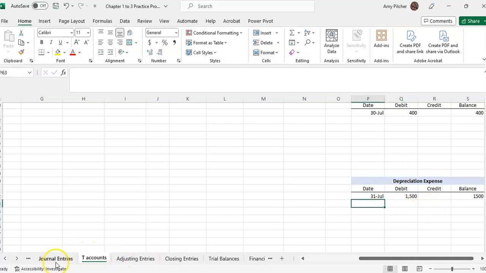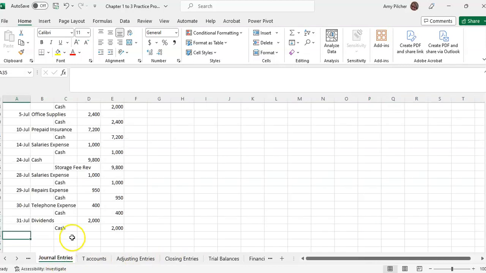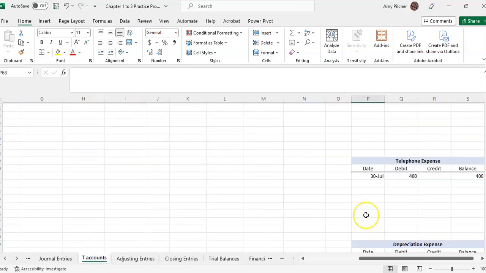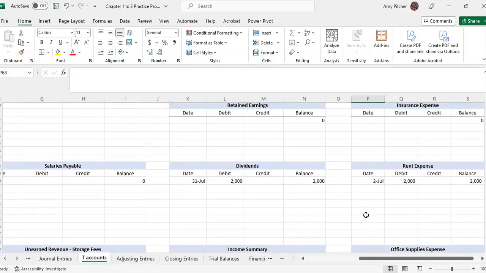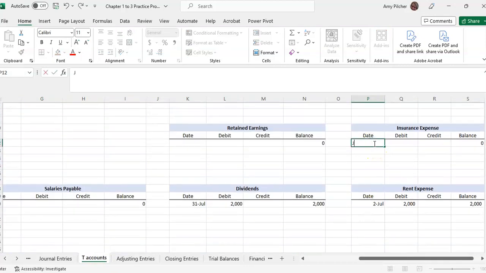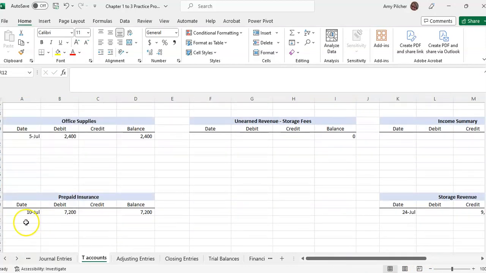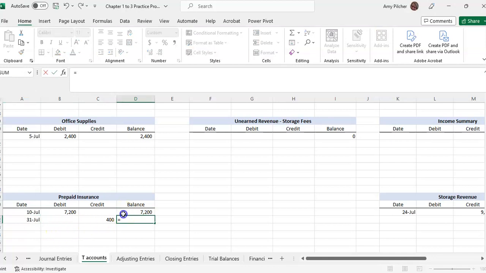Okay. Then adjusting entries, insurance expense and prepaid expense. So we're going to have insurance expense of 400, debit of 400, and then we're going to reduce prepaid insurance $400, to show that we use a partial month.